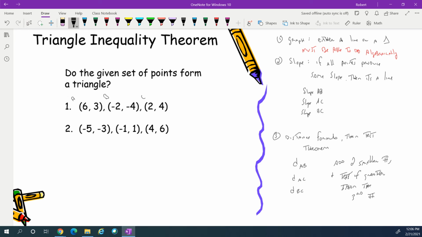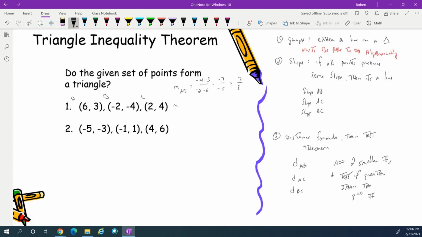So I'm going to label my points A, B, and C, and I'm going to find the slope of AB. That's -4 minus 3 over -2 minus 6, -7 over -8, so 7/8.